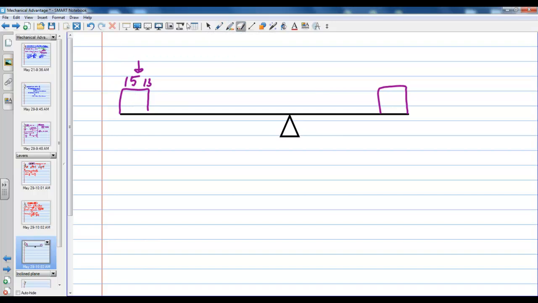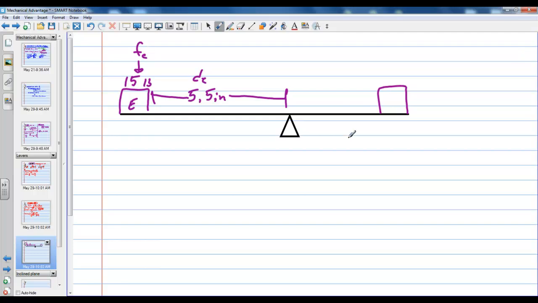That is going to be our effort. We know that the distance here is 5.5 inches from there to there. So there's our effort force, there's our effort distance. So this is DE, this is FE.